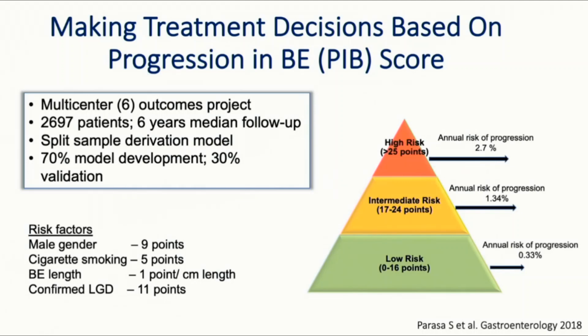You apply this to your patient population, and then you can decide what to do with that individual patient based on surveillance. Perhaps you want to bring them more frequently for surveillance if they're in the high risk or intermediate category. Low risk category, maybe you can even extend it beyond 5 years. So this is something which will be applied in the near future.